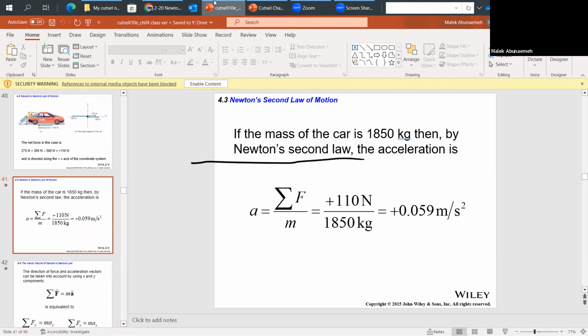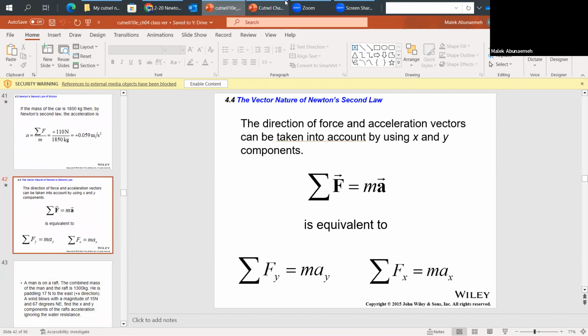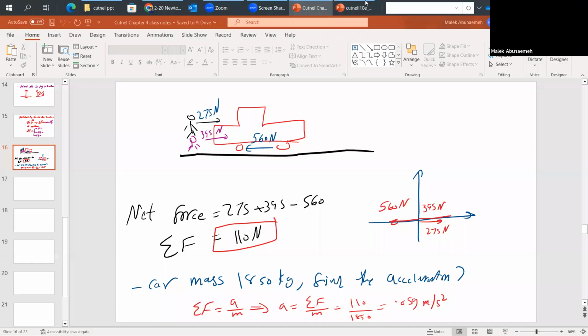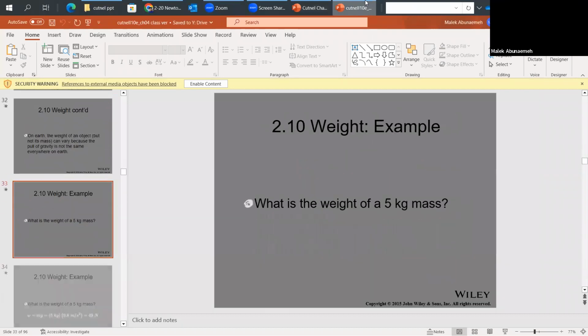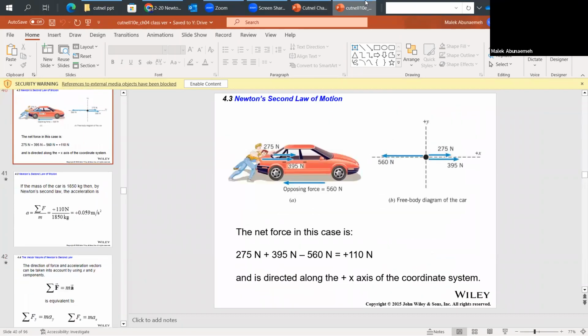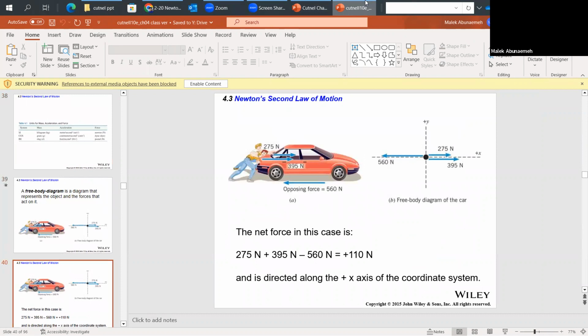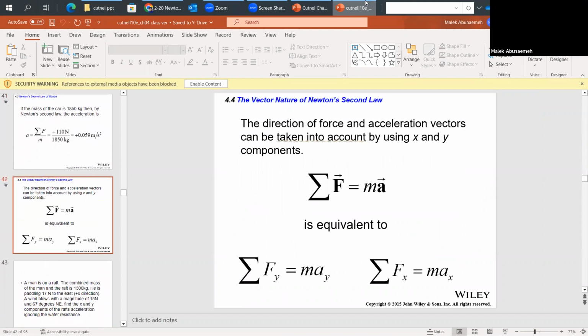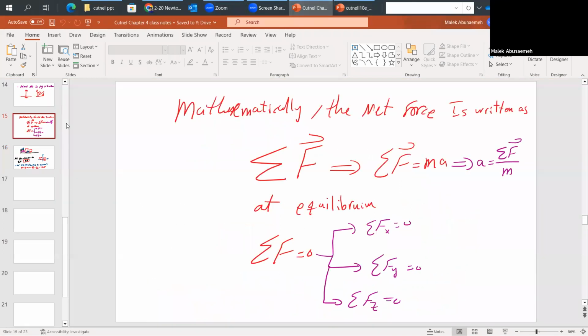And this is what we just did right now. All right. So we got 110 newtons, and the acceleration was 0.059 meters per second squared.